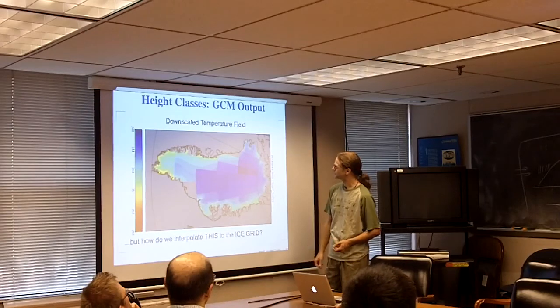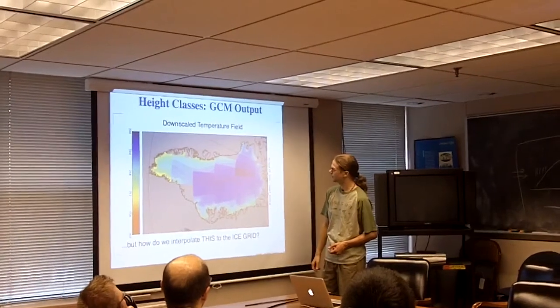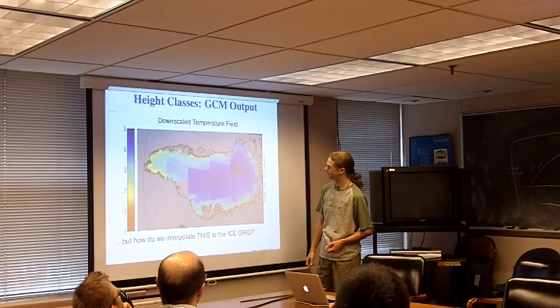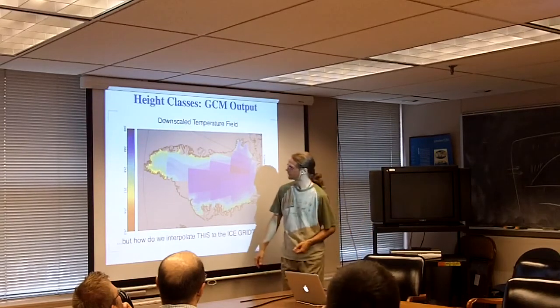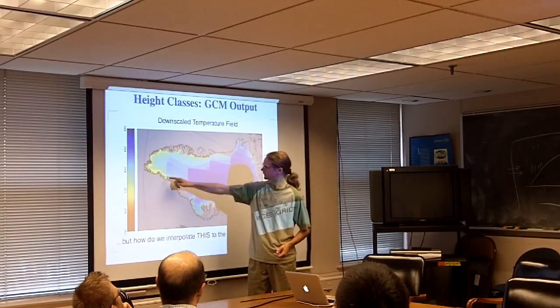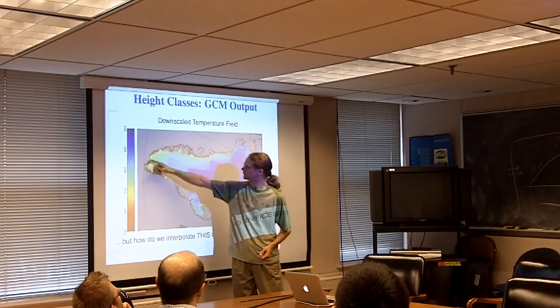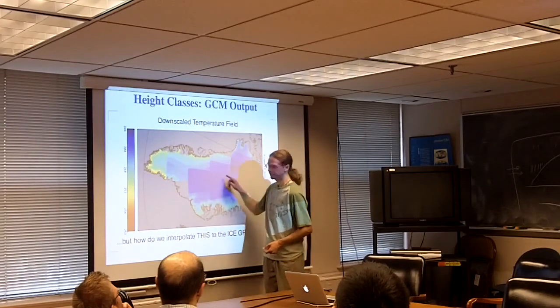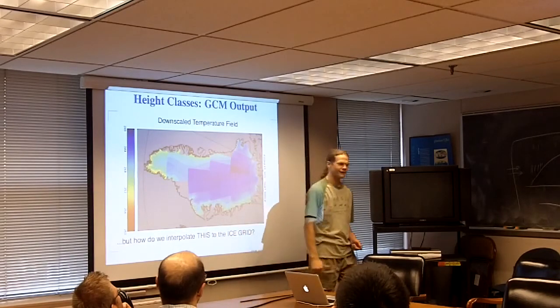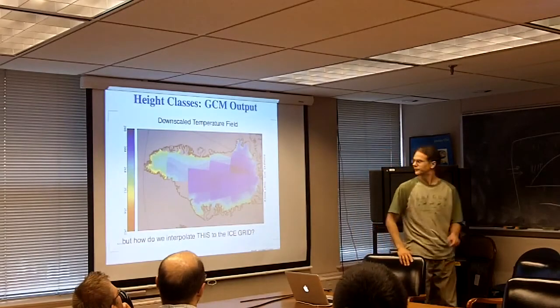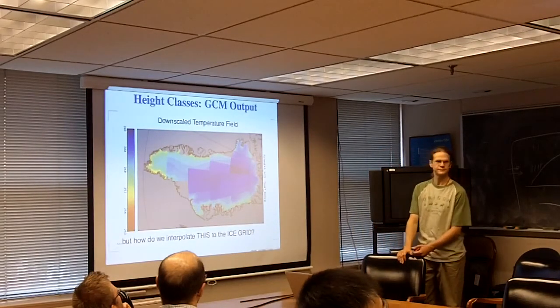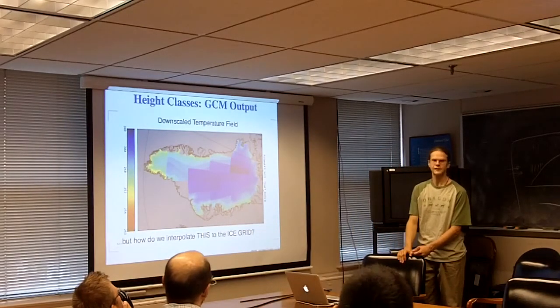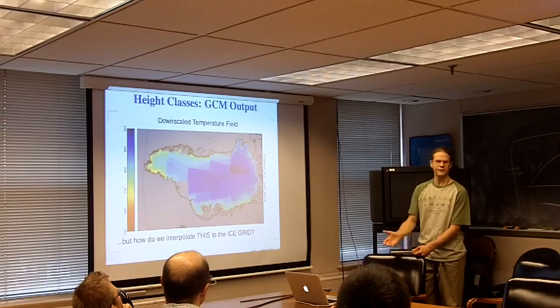This is the average temperature in Greenland over 1950 to 1955. And here you can see that it's nice and toasty down at the low elevations, and it's really, really cold up in the middle. So here you're using this algorithm of 5 degrees per kilometer. Yeah, I tried everything from 0 to 9.